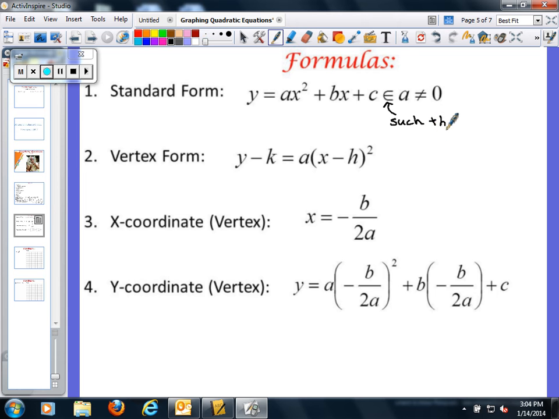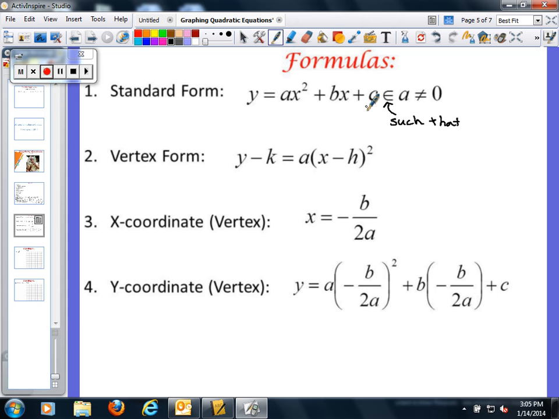One thing that mathematicians like to do is use symbols to represent stuff just to make stuff easier to write. So this means such that. So it says y equals ax squared plus bx plus c such that a does not equal 0. So basically what this is telling you is this is the equation, but a can't equal 0.